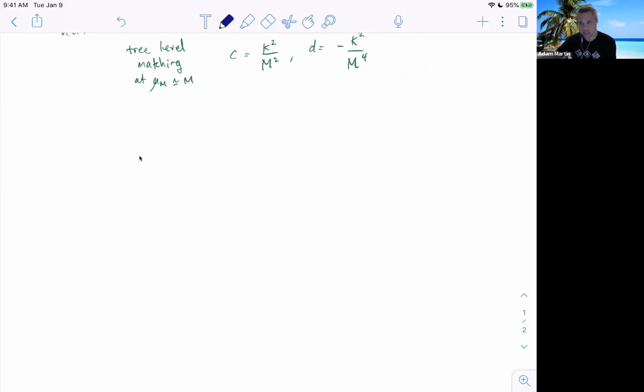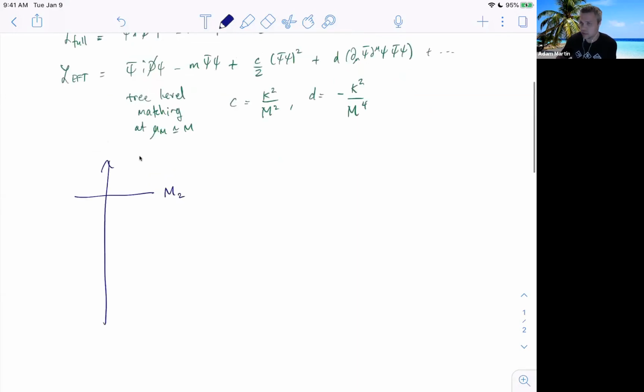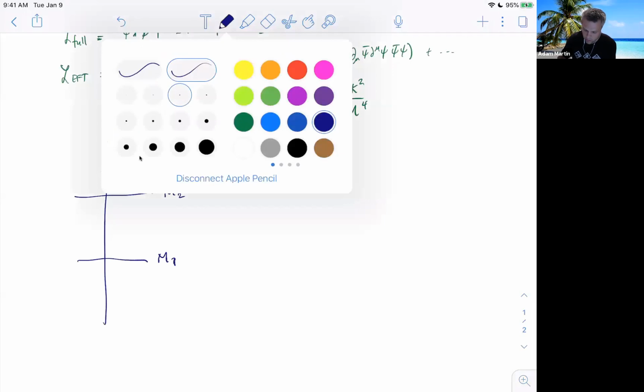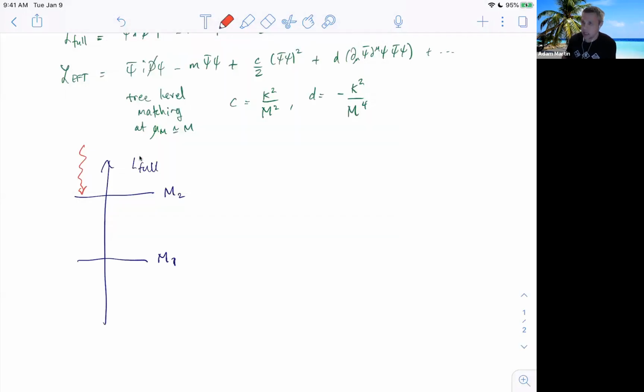What I mean by that is we can just rinse and repeat this procedure across multiple scales and multiple EFTs. Imagine my favorite diagram, with energy here. We had a mass of some kind of particle. This is more abstract than our actual example. Then there's a second scale, and we have our full theory here. We would run down our full theory to that scale, M2, and match to an effective theory, call it L effective 1, that doesn't have M2 as a propagating particle.